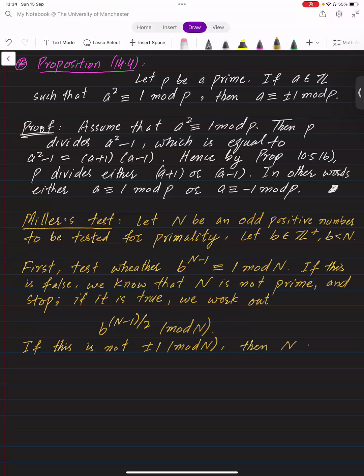Then n is not prime by proposition 14.4, and we say that n fails Miller's test with base b.